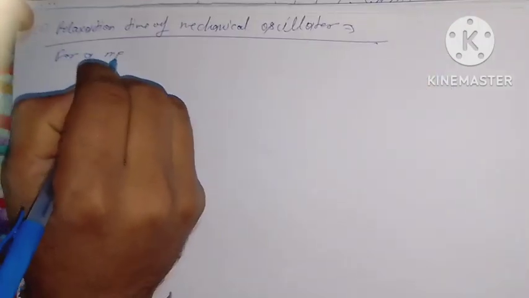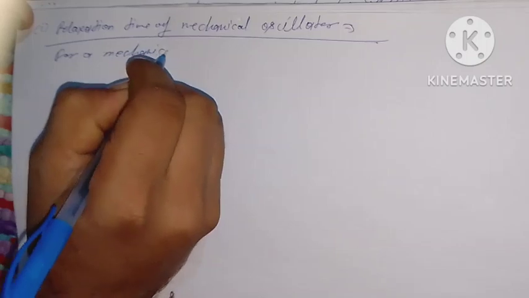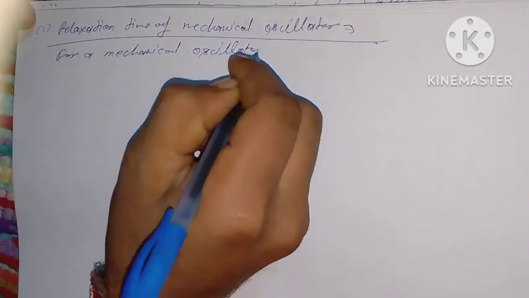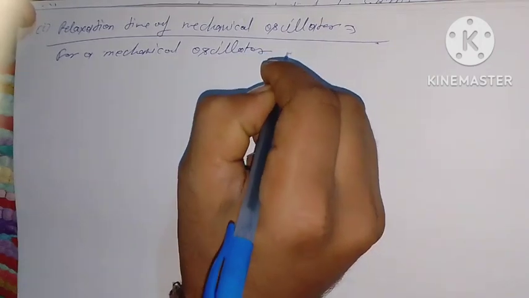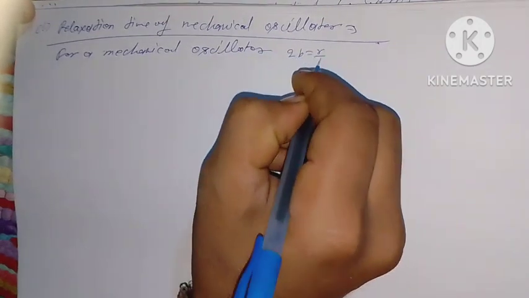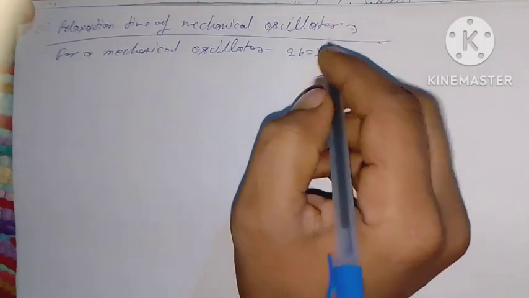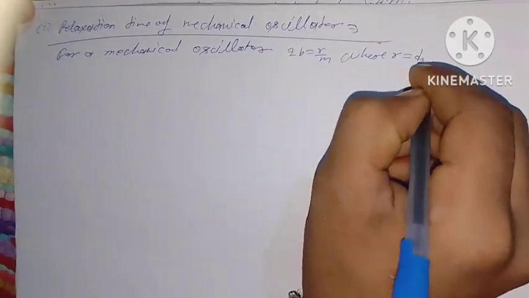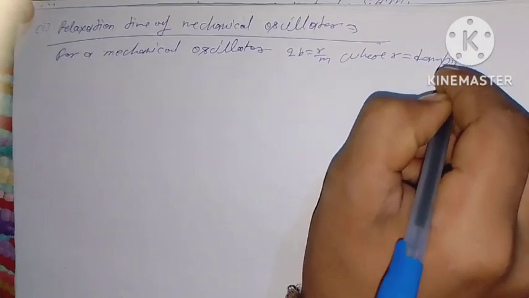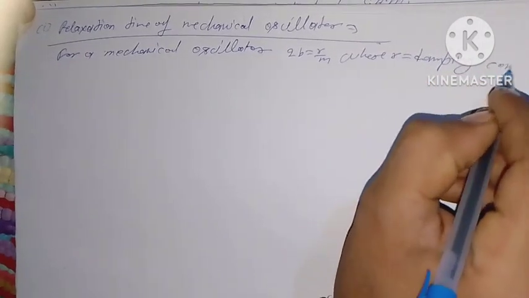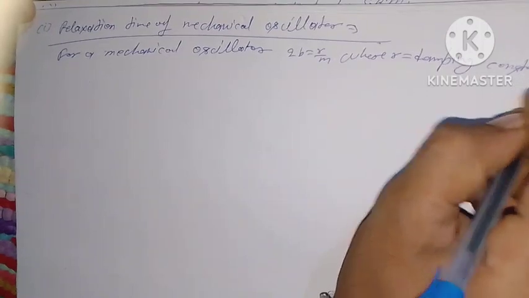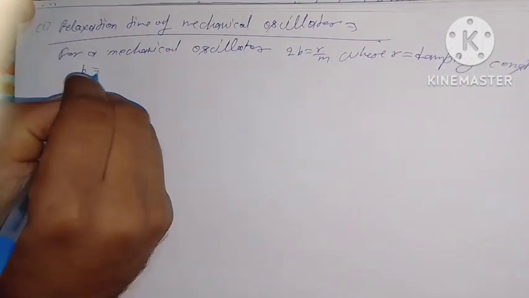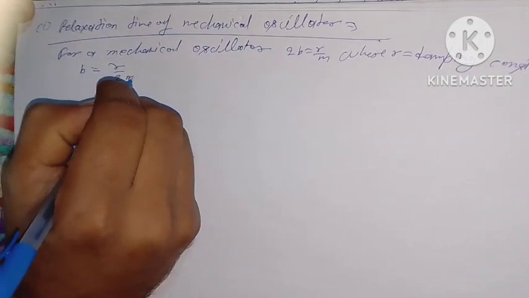For a mechanical oscillator, the damping coefficient b is equal to R by 2M, where R is the damping constant.